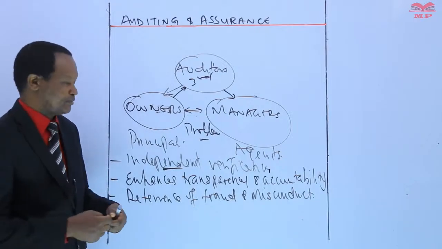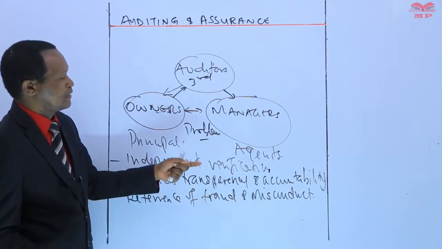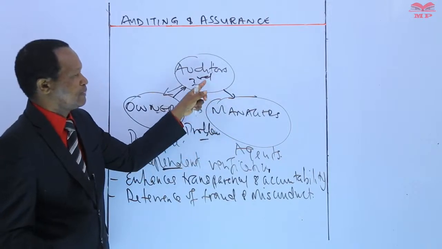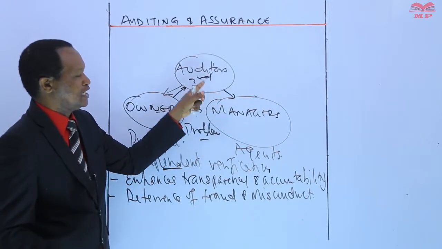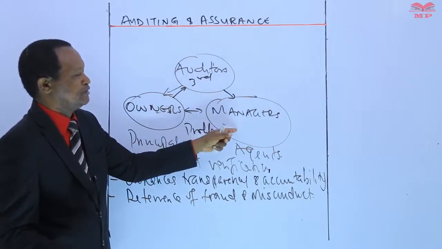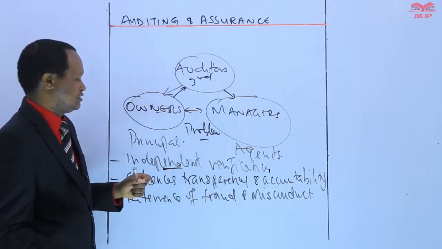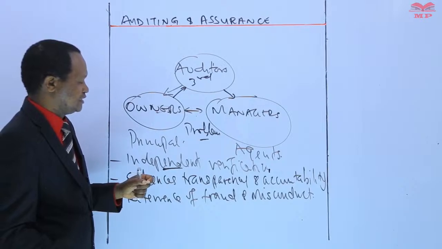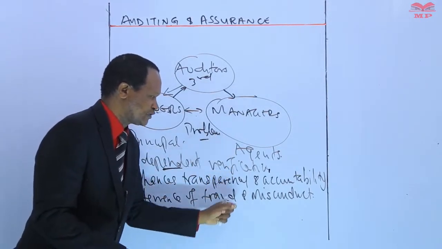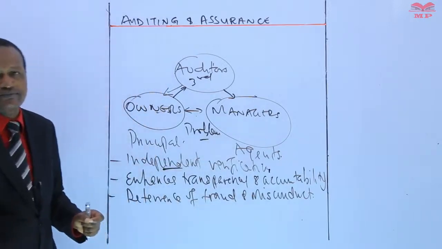It's the same concept. The fact that the auditors are to carry out independent review of the financial statements as prepared by the managers, that very fact deters fraud and misconduct.